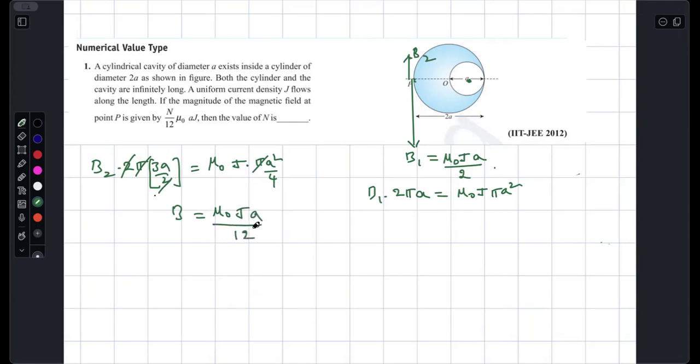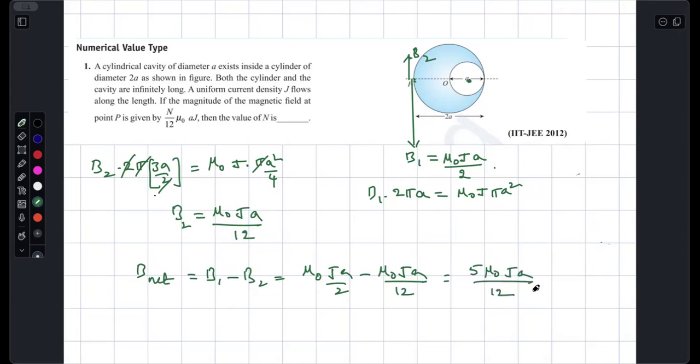Any doubts? Pakka? Sure? Now the question is, this is B2. Net is B1 minus B2. Mu naught J A by 2 minus mu naught J A by 12. 6 by 2 is 6 by 12, minus, 5 mu naught J A by 12.